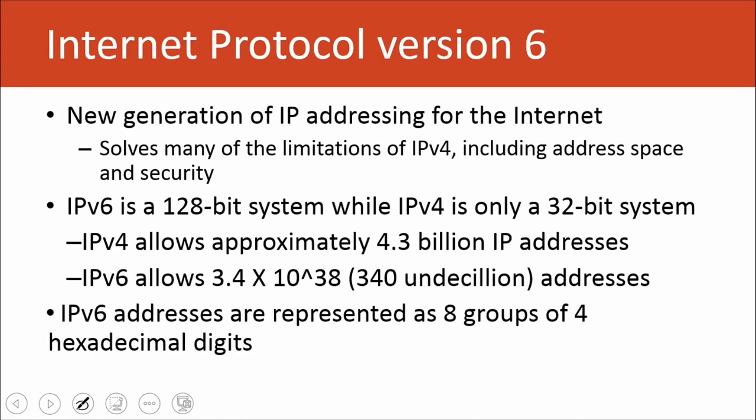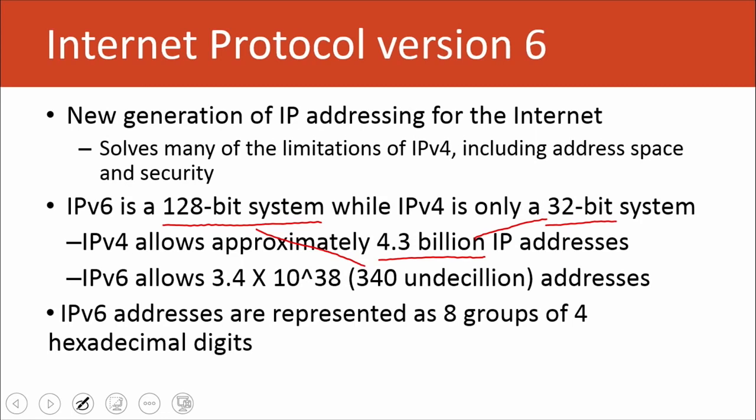The difference between the two is that IPv6 is 128 bits, while IPv4 is 32 bits. IPv4 is approximately just 4.3 billion IP addresses, the result of 32 bits, whereas 128 bits results in 340 undecillion addresses.